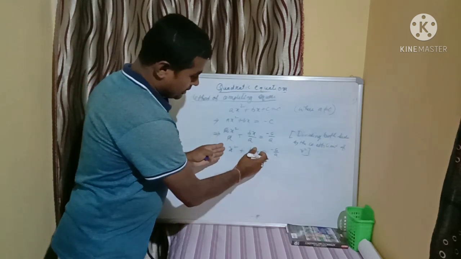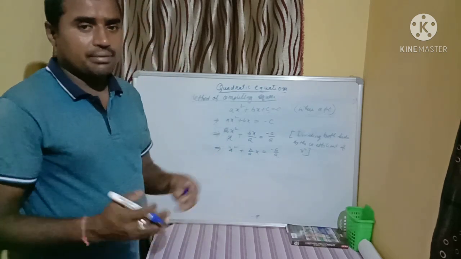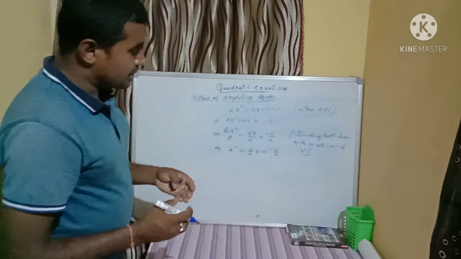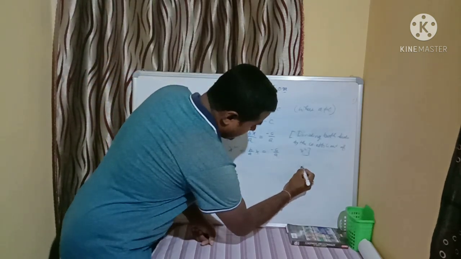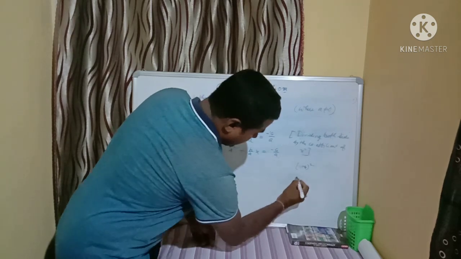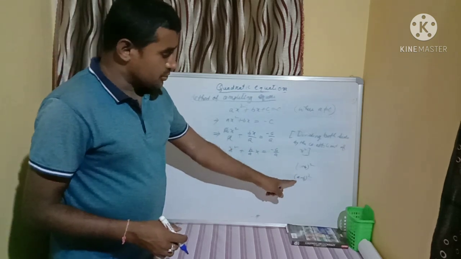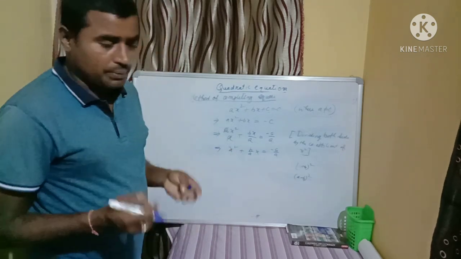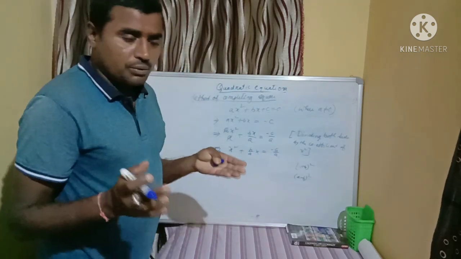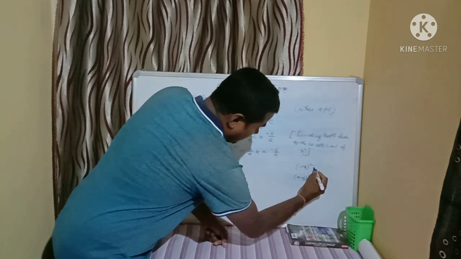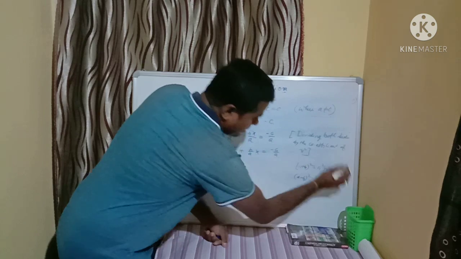We already know we have two perfect squares: one is a plus b whole square and another is a minus b whole square.